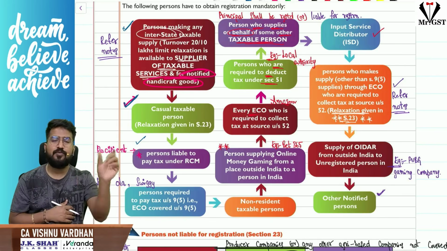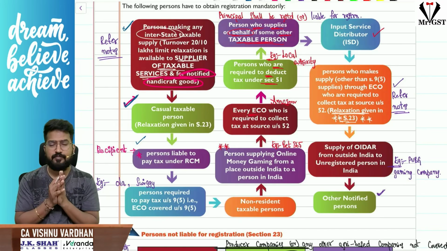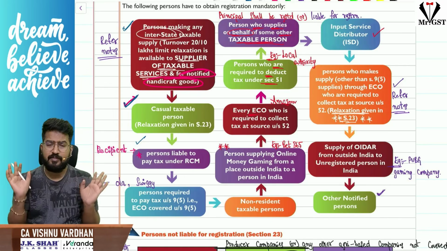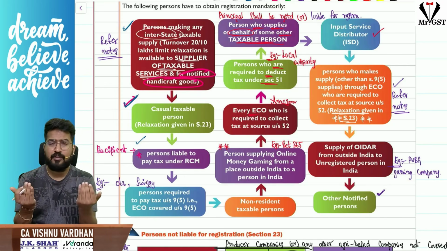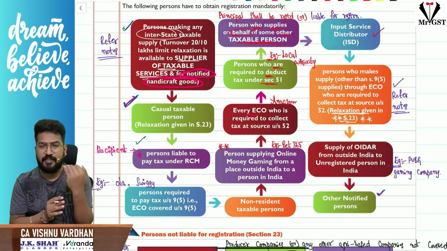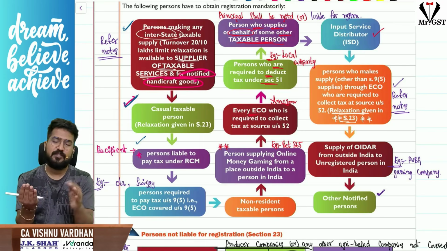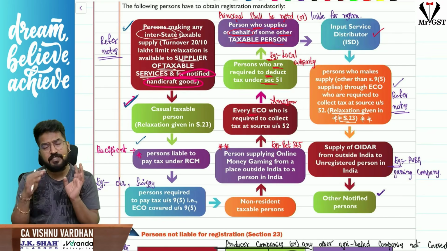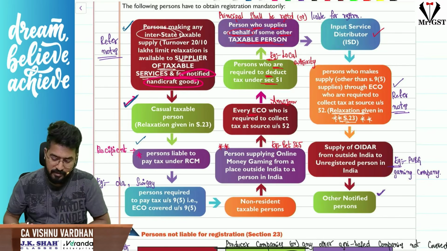Registered only RCM, unregistered FCM. If the law just says that if this person is involved, RCM will apply, whether he is registered or unregistered is not specified in law. In that case, registered also RCM, unregistered also RCM. So if he is already registered, let him proceed and pay tax. If he is unregistered, first take registration and then pay tax. Okay, that is the point.